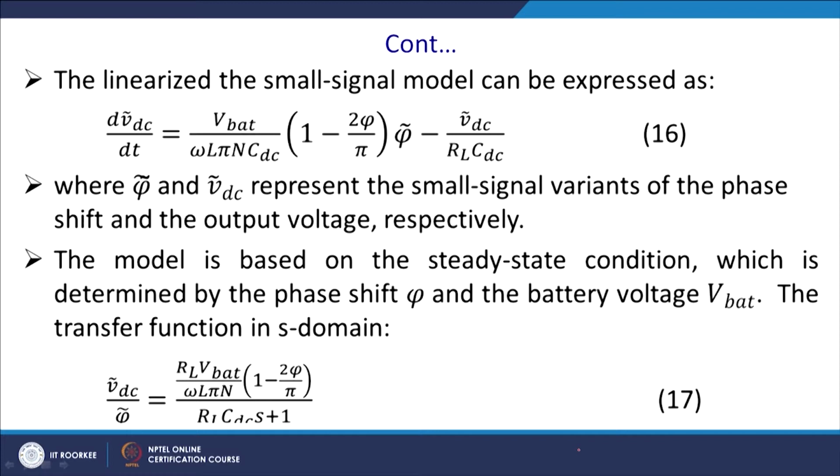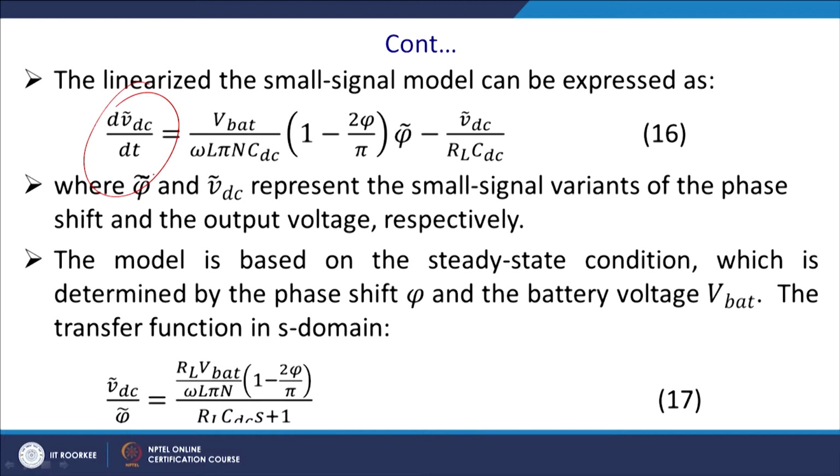So, the linearized model of this DC to DC converter can be written in the form of a state space. So, del dV/dt equals battery voltage by 2 omega L pi n, where n is the turns ratio 1:n we have considered, into C_DC, 1 minus 2 psi minus phi into psi minus this thing.